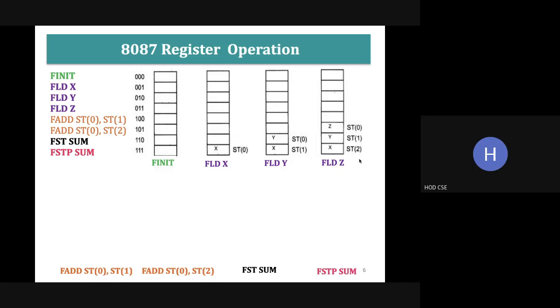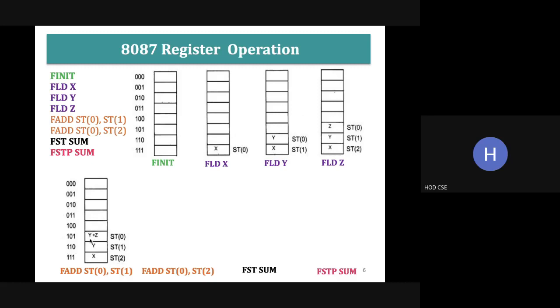Next, I'm going to add this Y and Z. So the instruction is, see here, FADD ST of 0 and ST of 1. Refer here: what is the value available in ST of 0? Z. So this will be added with this, and after addition the data is stored in ST of 0.